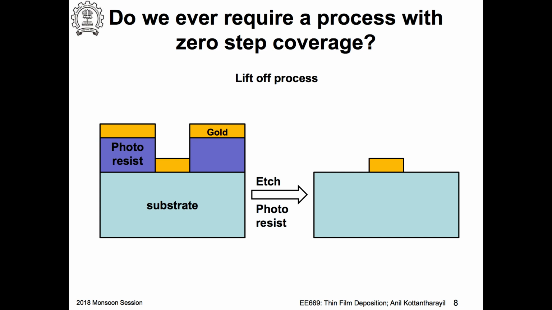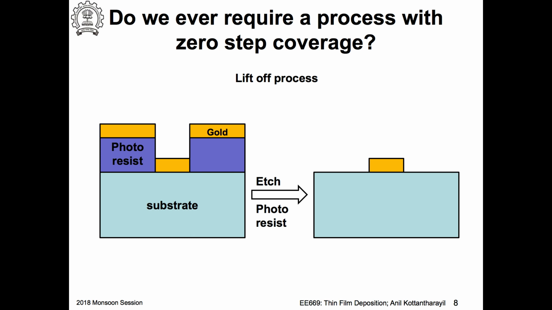We'll see this process later on. You deposit the photoresist on the entire wafer surface, then you expose it to light using a mask, and then etch away the photoresist from certain regions by using a solvent. So I get this pattern.